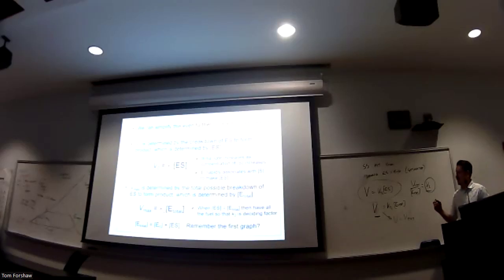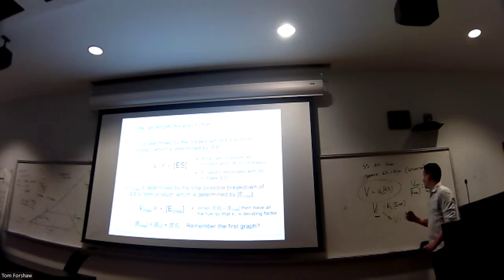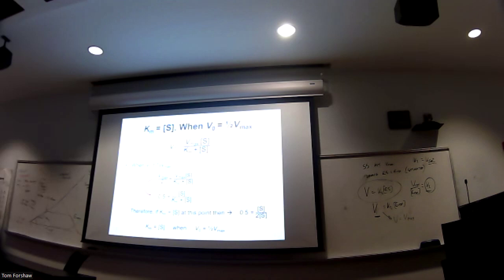K2 is often, but not always, and if we were doing an enzyme specialist course we would talk in more detail, but 99 times out of 100, K2 is also referred to as K-cat, which is the turnover number.